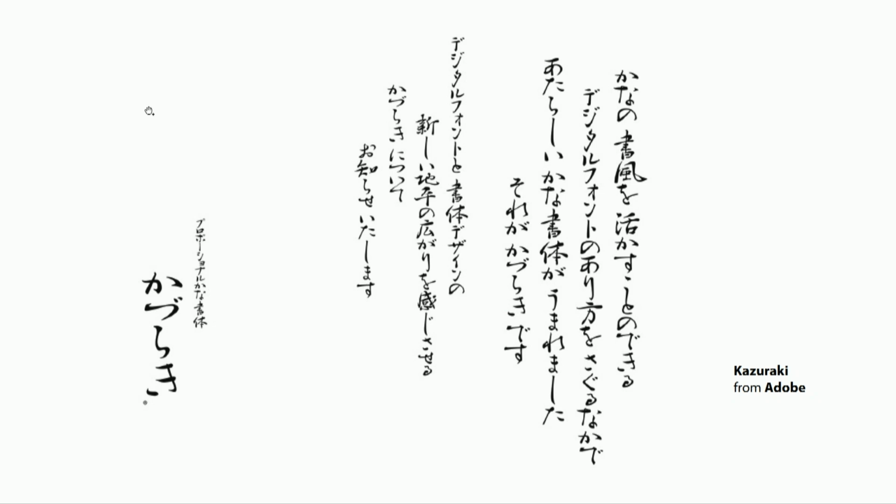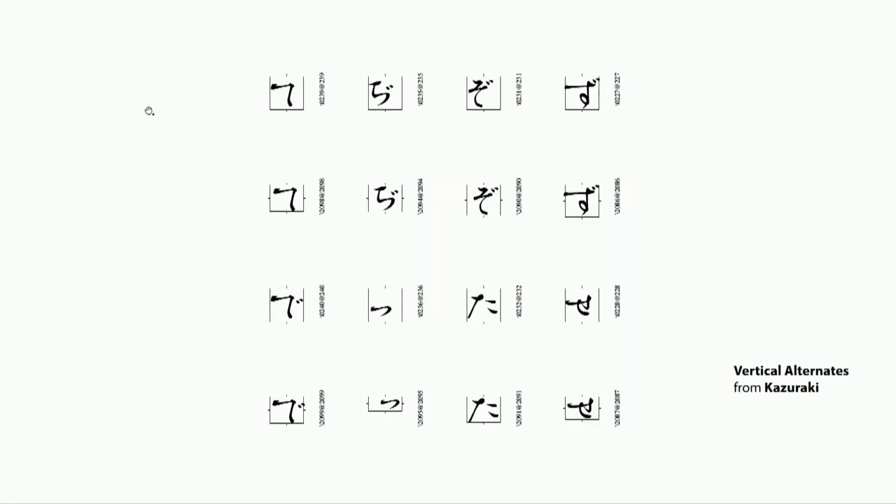And this is Kazlagi, a kind of font, but the proportional layout is what we want. So as a result, we bought the font and tried to figure out what they did. They made a substitution for the whole character set and for the vertical layout. Here you see some of the vertical alternates from Kazlagi.